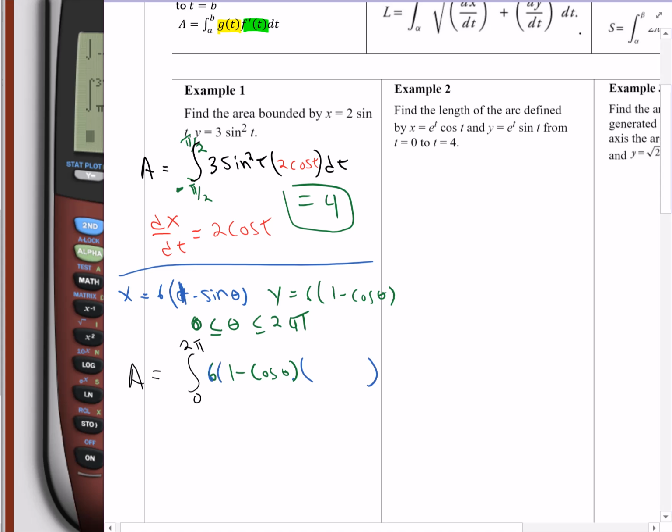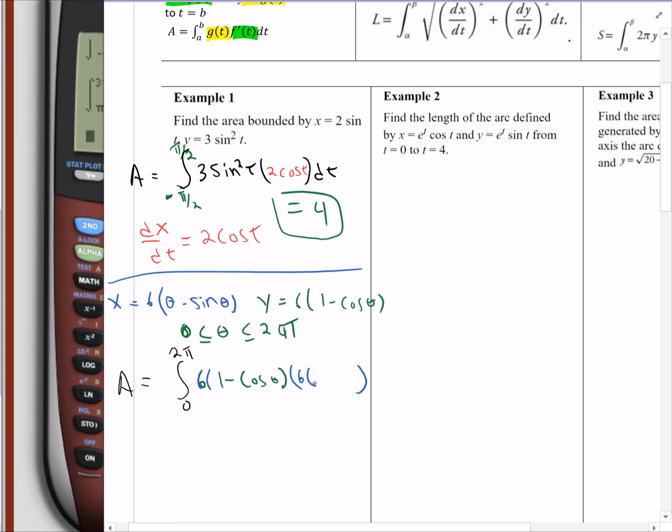The derivative of that is simply, no, I'm sorry, this is a theta. I'm looking at the problem over here, and it is a theta. The derivative of that is simply 6 times 1 minus cosine theta. Right? If you take the derivative, that's what you get.